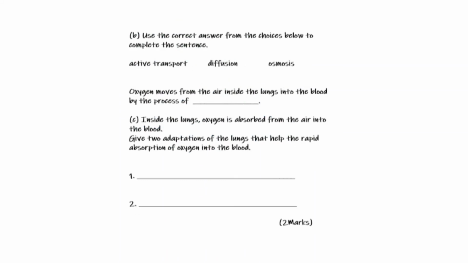Question 2, part B. Use the correct answers from the choices below to complete the sentence. Active transport, diffusion, and osmosis. Oxygen moves from the air inside the lungs into the blood by a process of... and we looked at gas exchange in this lesson, and we looked at the process of diffusion.